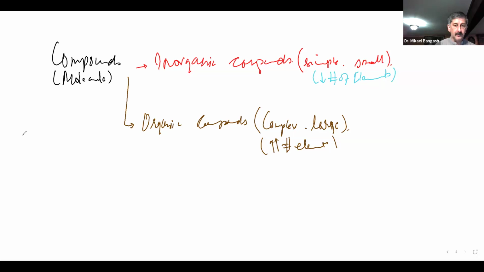Now, guys, if you take inorganic compounds, just to take a few examples. Water, that's an inorganic compound or molecule. So H2O, that's just the chemical formula of water. We can take another one, sodium chloride. Mainly that's what in plain words we refer to as salt.